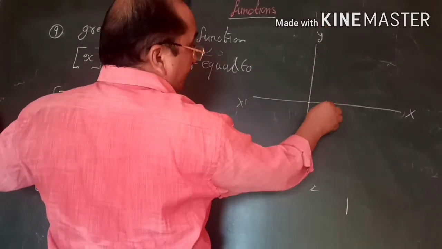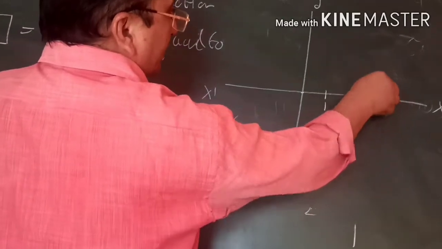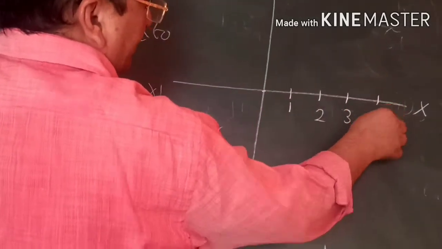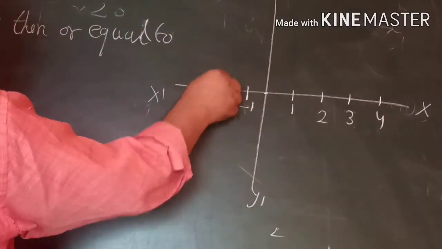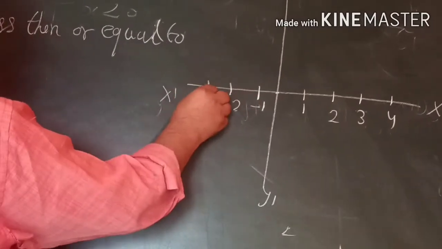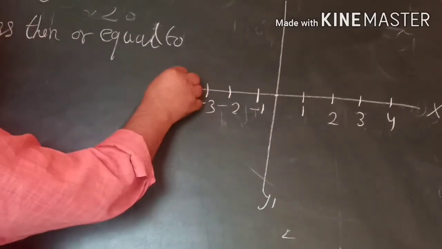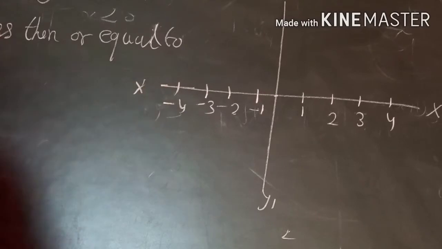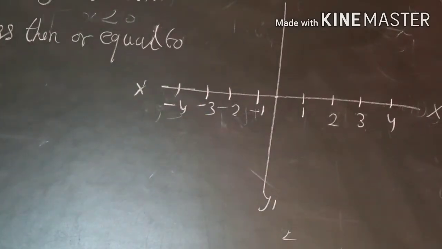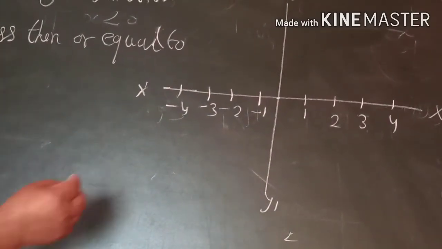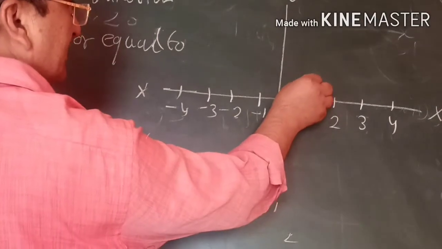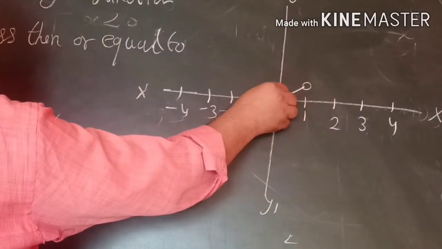This is 1, 2, 3, 4, -1, -2, -3, -4. If any number is less than 1, all such numbers will give 0.